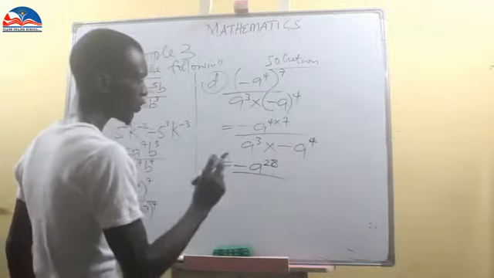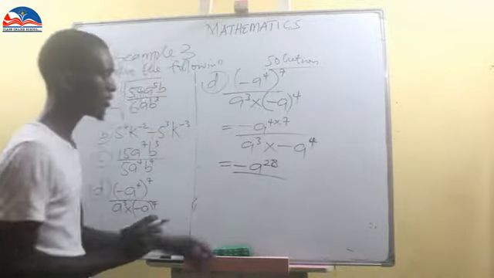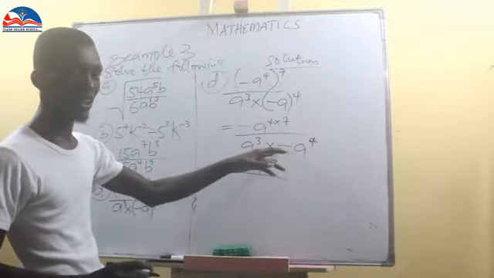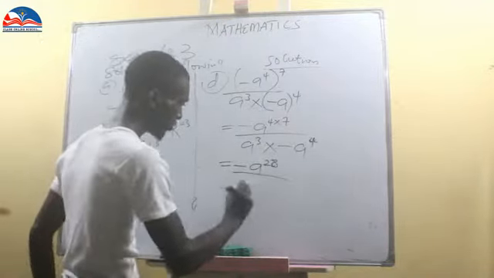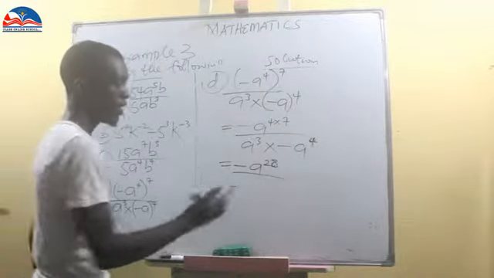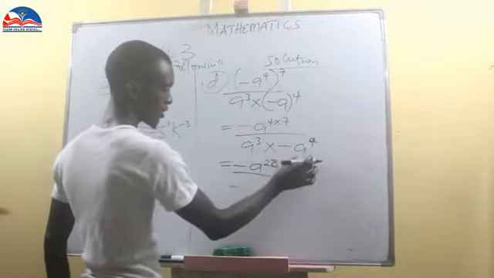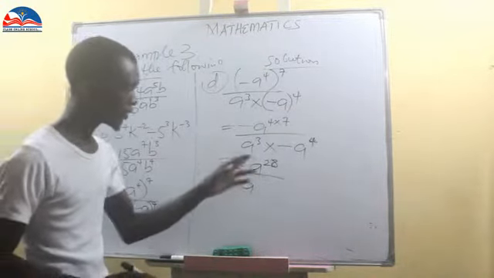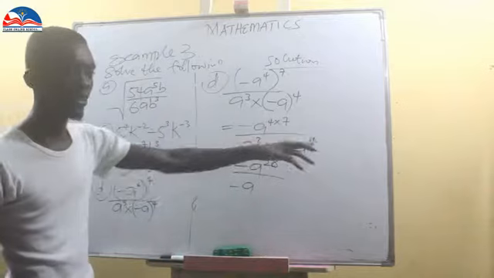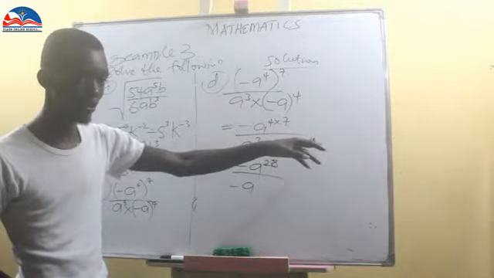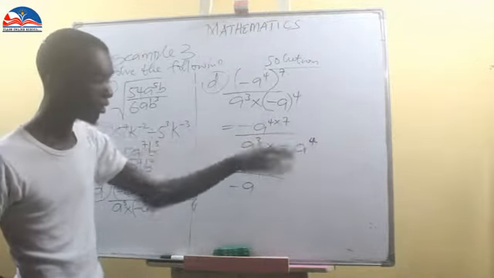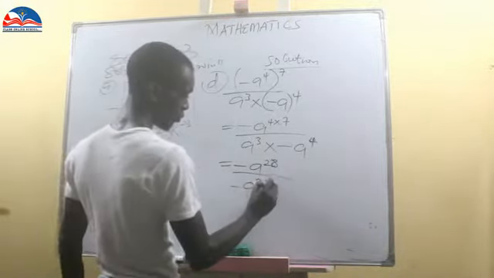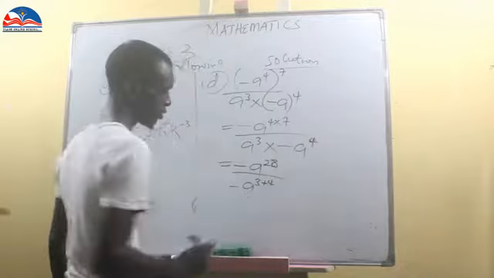Now, before we take one of the base, we have to know that the sign here is negative. So it will carry the negative sign. We have minus A index, take one of the base A. The two bases are added from the multiplication law. So you have A index 3 plus 4.